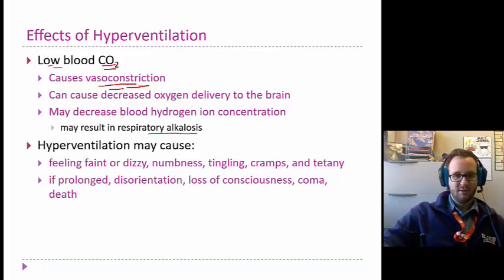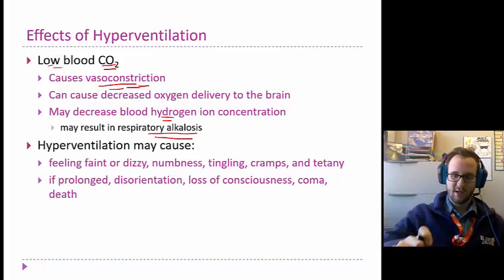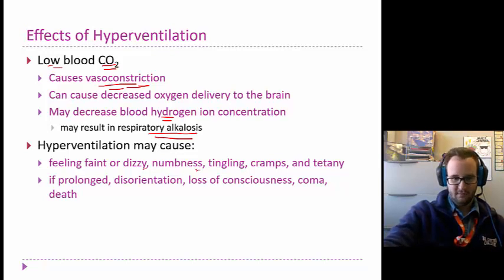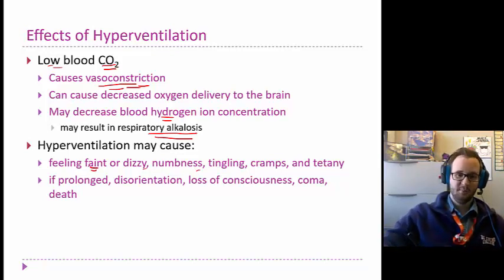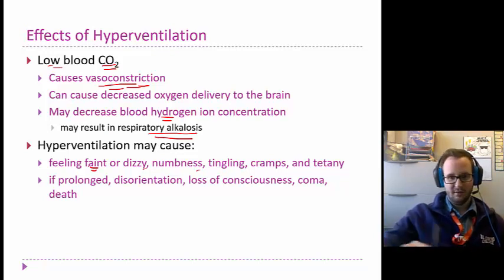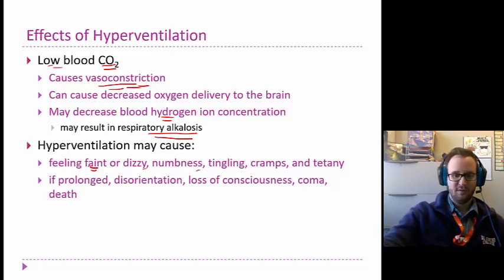And it also can result in respiratory alkalosis because you will have those hydrogen ions shifting back from the hydrogen bicarbonate side of the equation to produce more CO2 to keep your body's CO2 levels balanced. And some symptoms could be feeling faint, dizziness, numbing. You could even actually really faint. So feeling faint means feeling lightheaded or dizzy. But fainting could also occur as a result of hyperventilation.